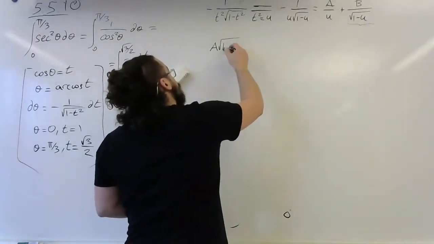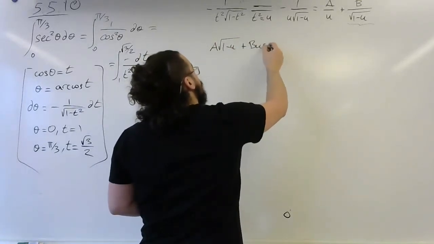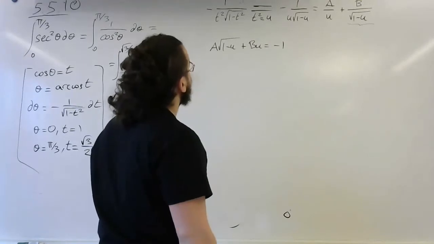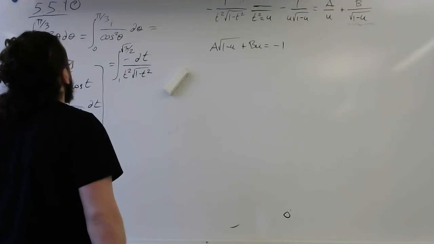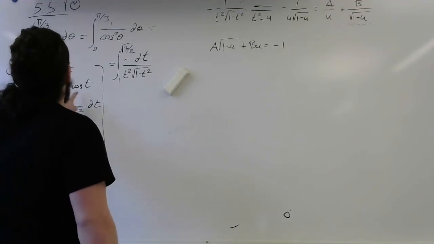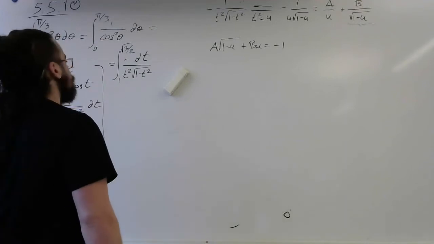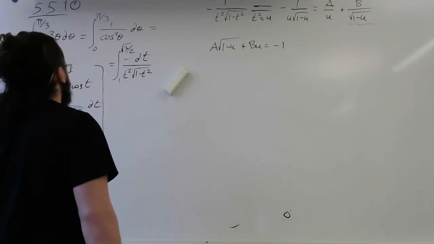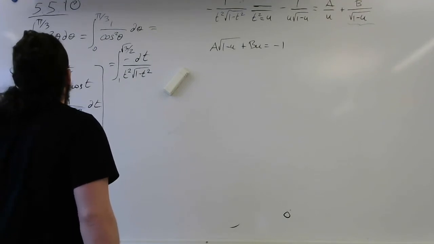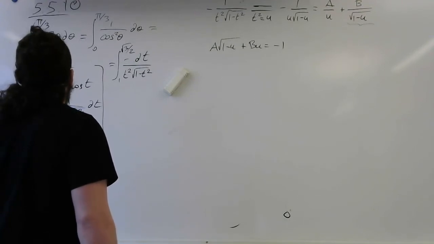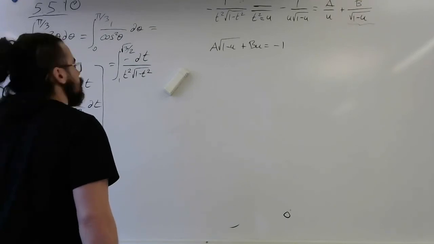We have a square root 1 minus u plus bu equal minus 1. That's correct.